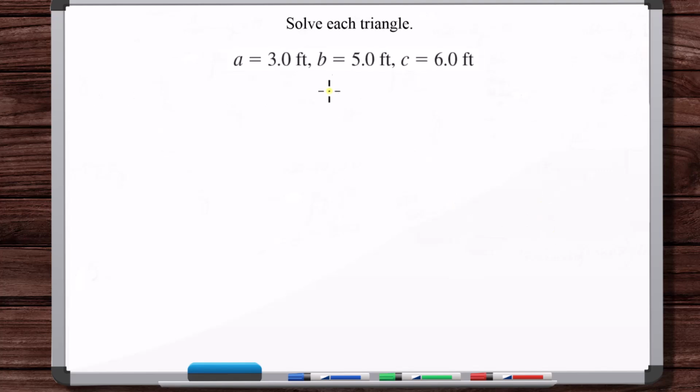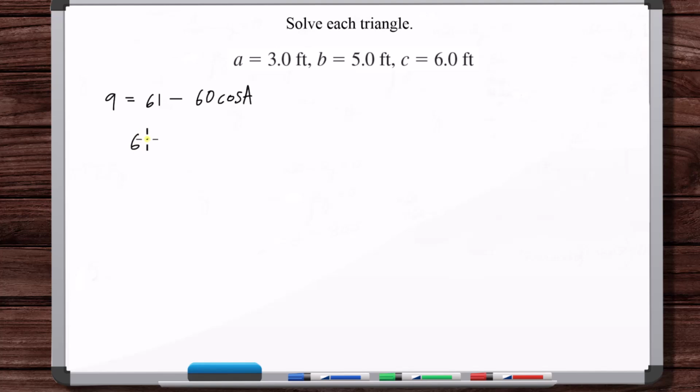Okay, last problem, a side-side-side case. Let's pick an angle to solve for. So what about angle A? So 3 squared, well, that's 9. So 3 squared is equal to 5 squared plus 6 squared. So 36 plus 25 is what? 61. Okay, minus 2 times the product of the adjacent side lengths. So 6 times 5 is 30. 30 times 2 is 60. And then times cosine of the angle that we chose the law of cosines for.